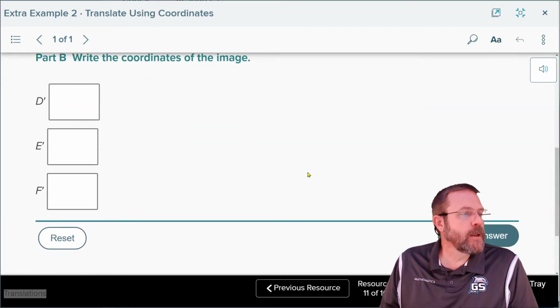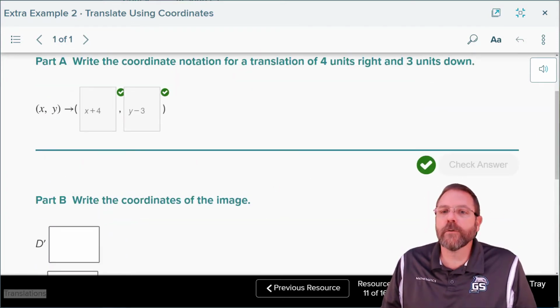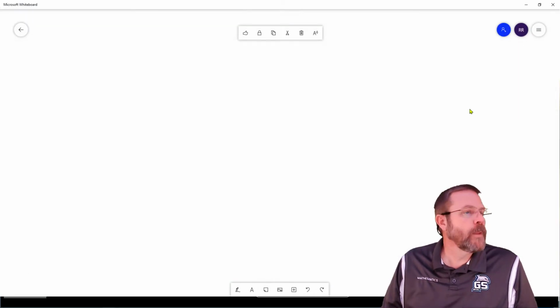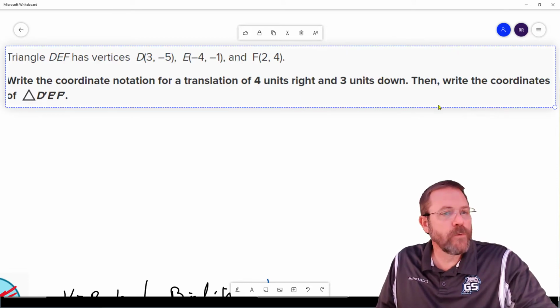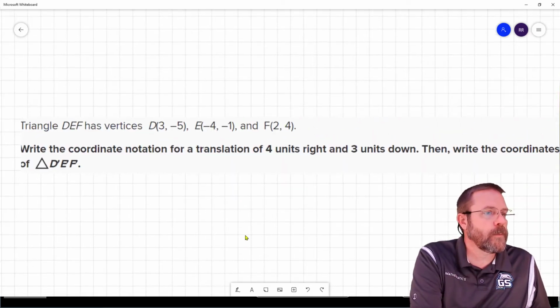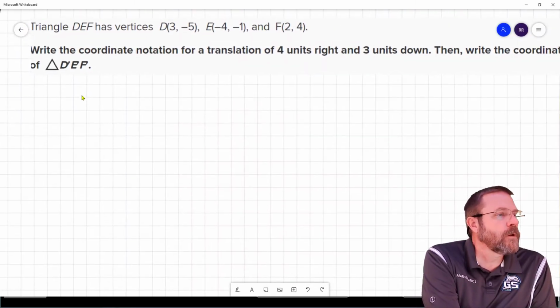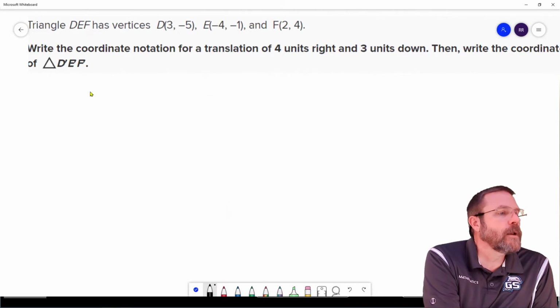Now we have to actually do the math here. So let's get over here to our scratch paper, and we're going to do each of those problems using the Big Kid supporting work. So let me drag that down, drag that up. So point D was going to be 3, negative 5.